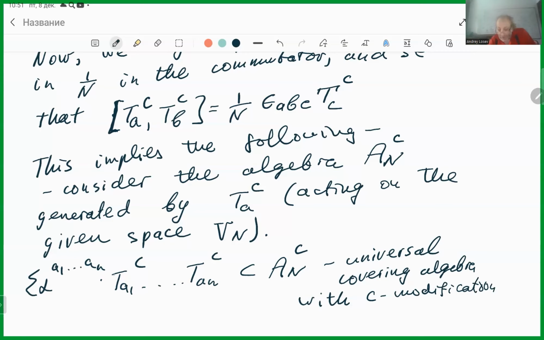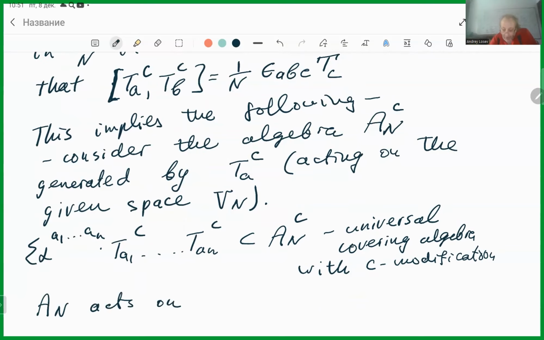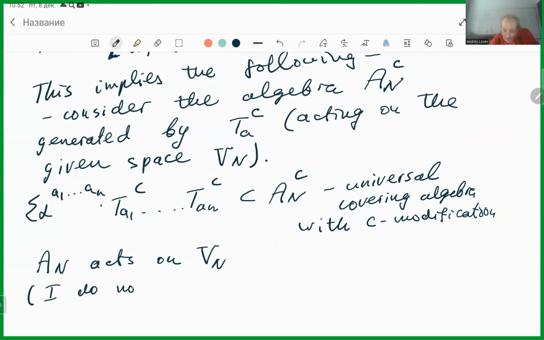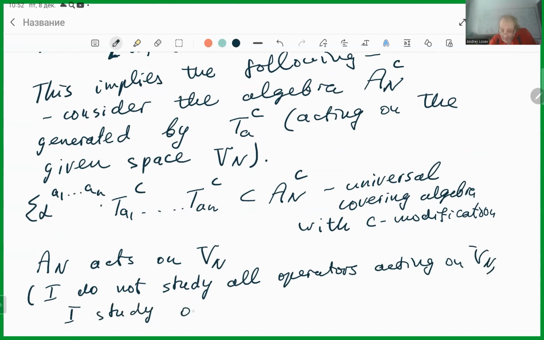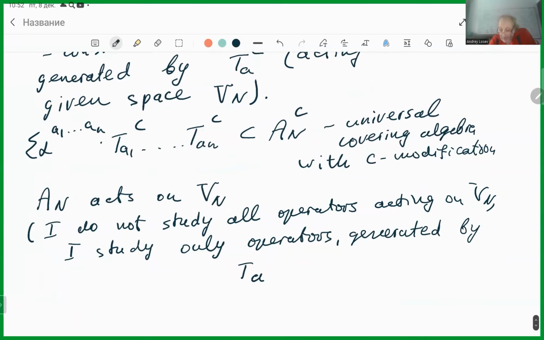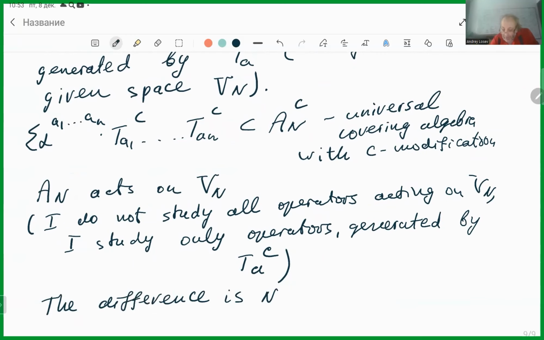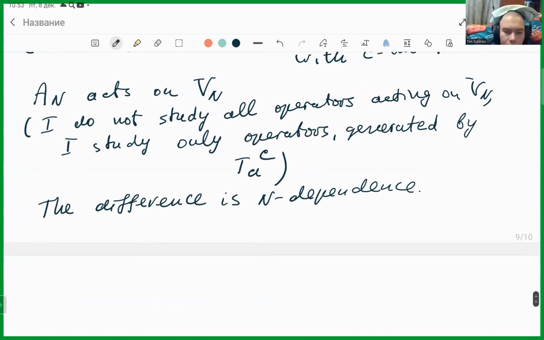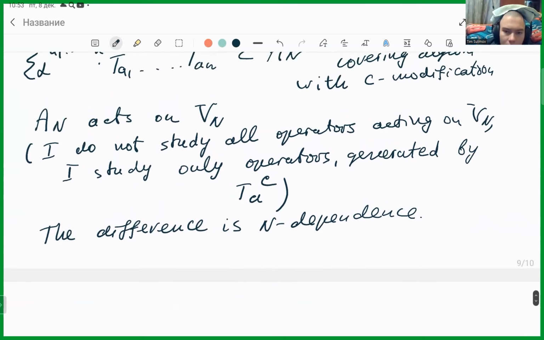So it is the universal covering algebra with C modification. So this algebra An acts on Vn. So it means that I do not study all operators acting on Vn. I study only operators generated by TAC. You may ask what is the difference? Is it N dependent? You mean that those coefficients alpha should be n independent?